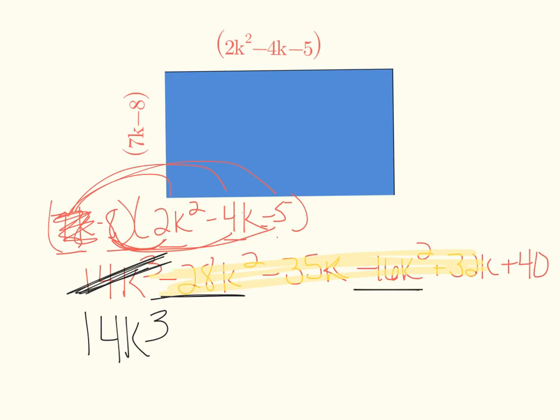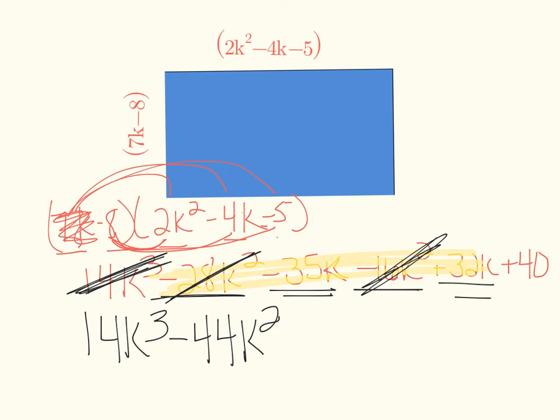Negative 28 and negative 16 is going to be negative 44k squared. Again, I'm not changing my exponents. And then we have negative 35k and a positive 32k, which is negative 3k. And then my last is plus 40, which doesn't combine. And that's it.